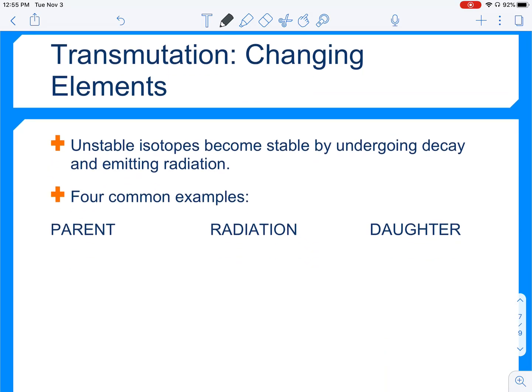So the general term that means changing elements is this term transmutation. And transmutation really was the goal of the ancient alchemists. Chemistry really got its start by people trying to convert easily accessible elements like carbon or iron into gold. Everybody wanted gold. And so there was an attempt to figure out, could you take iron and somehow convert it into gold, which was worth a whole lot more?